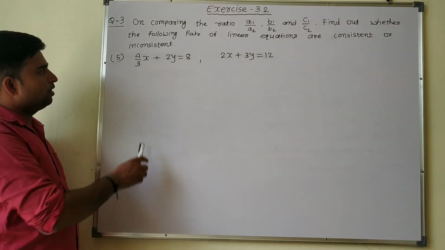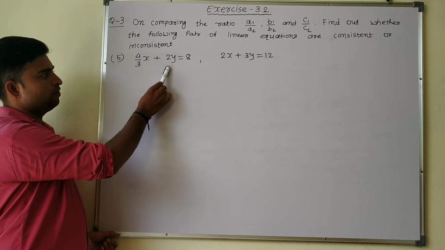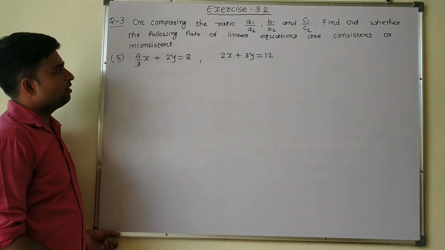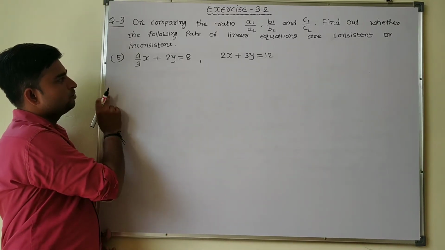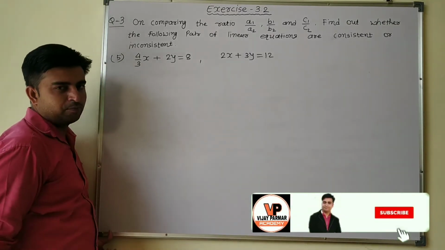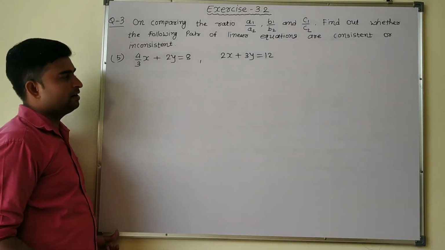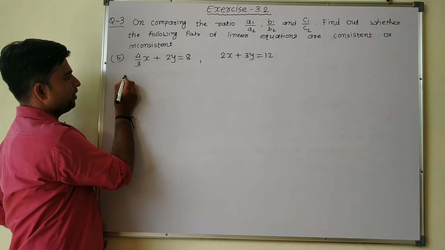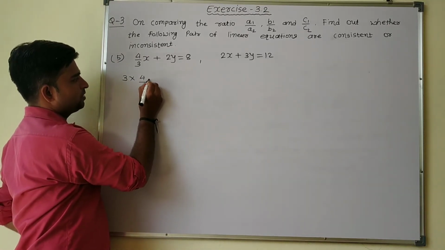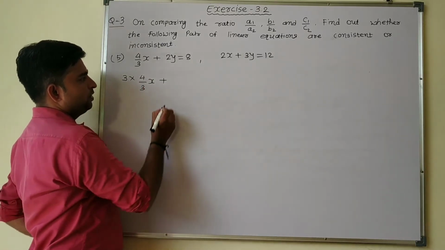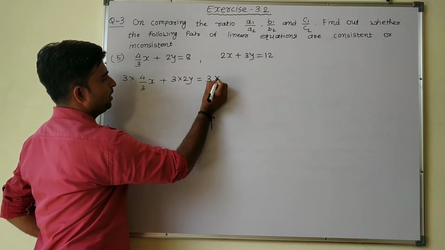So in the fifth number, the first equation is 4 upon 3x plus 2y is equal to 8. Here the equation is not given in standard form, so we convert it into standard form. Here 4 upon 3 is given. So we take LCM 3. So we have to multiply the whole equation by 3. 3 multiply 4 upon 3x plus 3 multiply 2y is equal to 3 multiply 8.